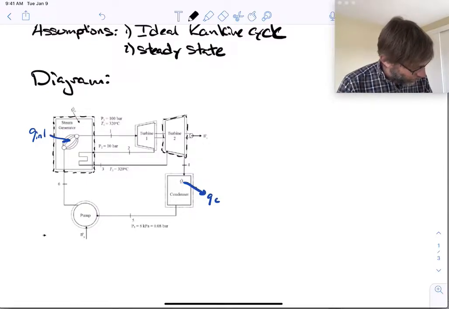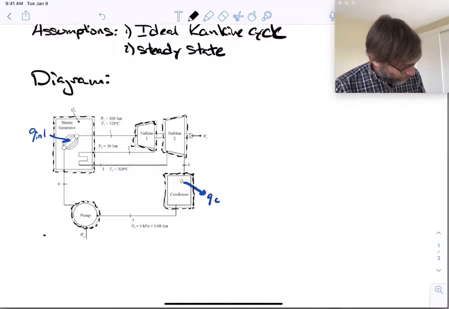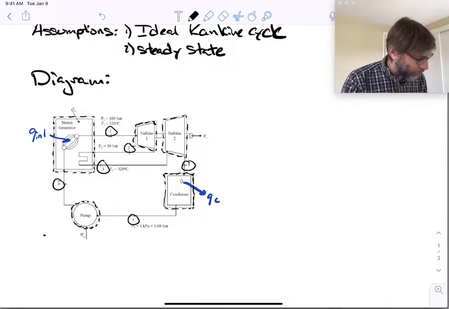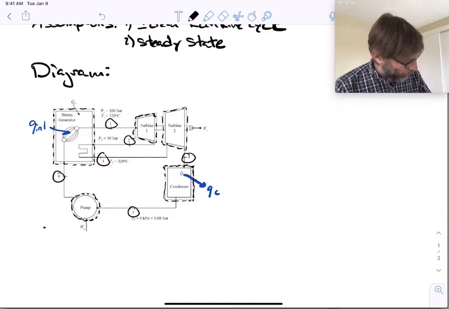You notice that we're not given mass flow, so everything that we have is divided by mass flow. So it's the power divided by mass flow. These are the states: state 1, 2, 3, 4, 5, and 6. The pressures are given in the diagram. It's always good to label the temperature and pressure that you have.